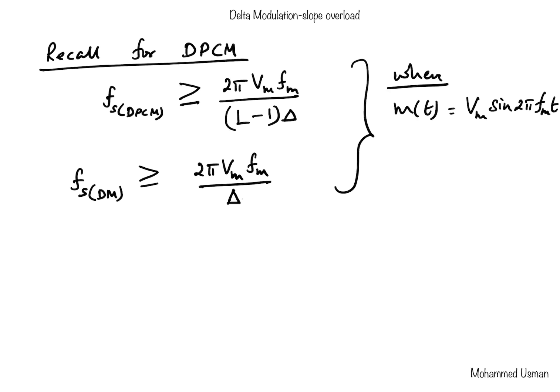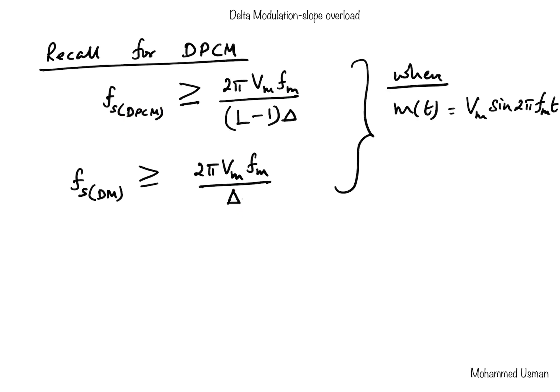Now if you compare these two conditions for the sampling rate, when would these two right hand sides be equal? These two would be equal when L is equal to 2. When the number of quantization levels in DPCM is 2, then we'll have 2 minus 1 is 1 times delta, which is the same as this, because the numerator is the same in both cases, 2 pi Vm Fm. The only difference is this factor of L minus 1 in the denominator for DPCM.